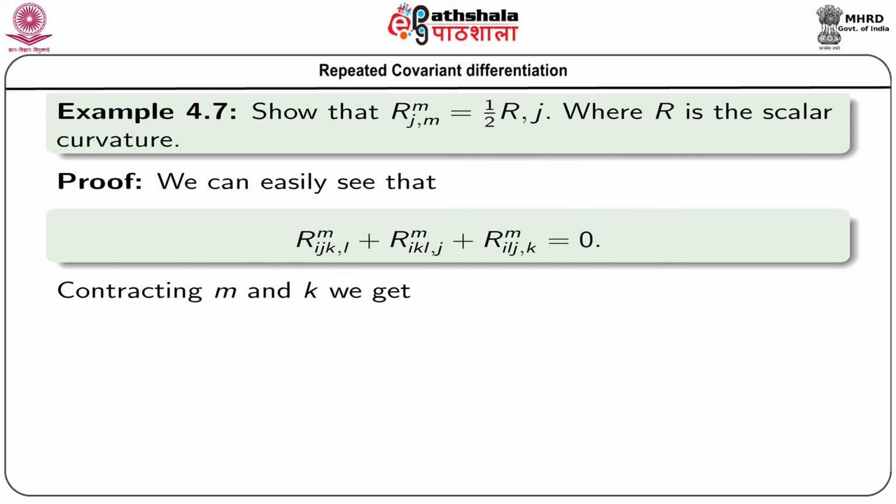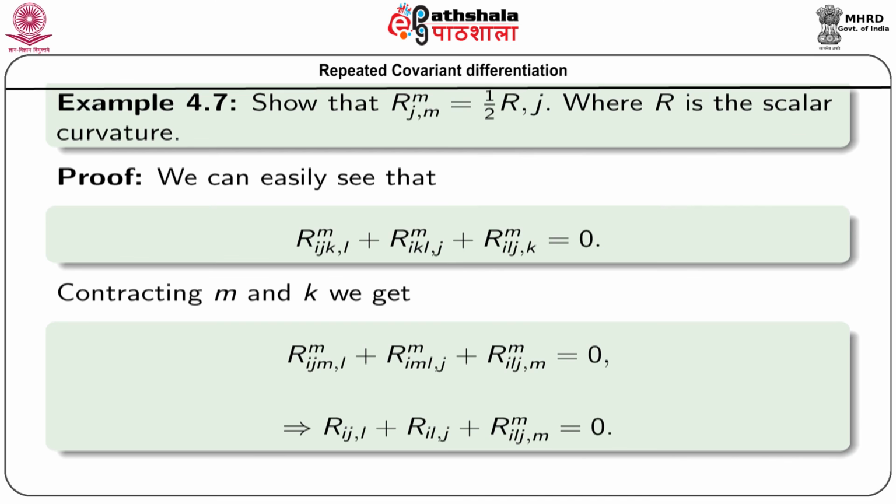Now, contracting m and k, we get this expression. For the first term, when m and k are contracted, it gives R_{ij,l}. Similarly, for the second term it gives R_{il,j}, and for the third term it is coming R^m_{ilj,m} equals 0.